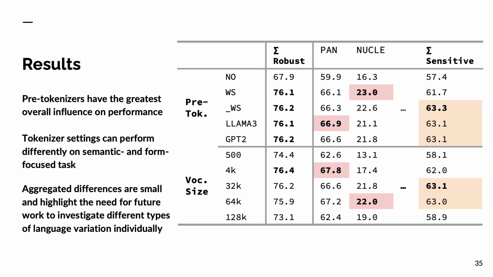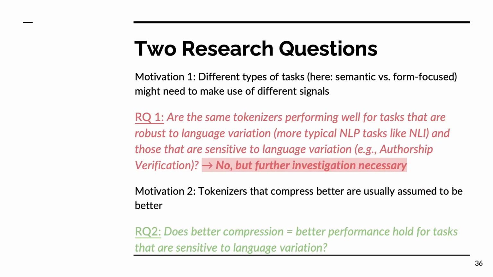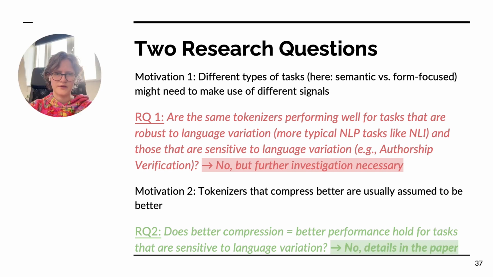So we really want to highlight the need for future work to investigate different types of language variation and tasks individually. So, first research question: no, but further investigation is necessary.